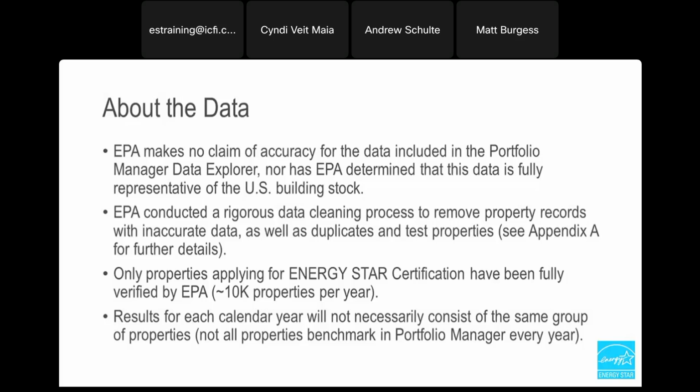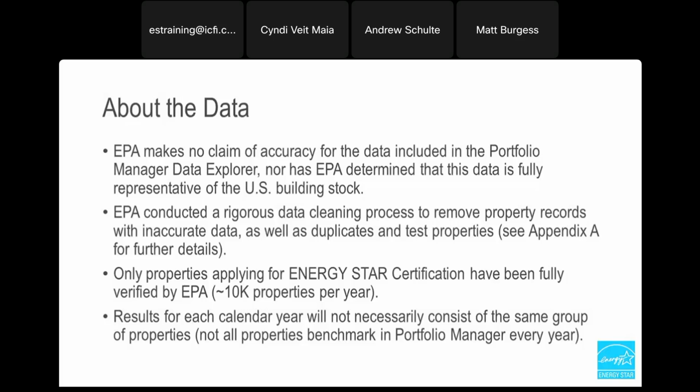It's important to note that EPA does not automatically review and verify all data that go into Portfolio Manager. In fact, the only records that get direct review and verification by EPA are those buildings that are applying for Energy Star certification.